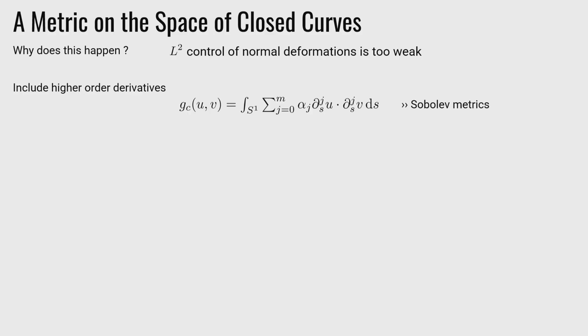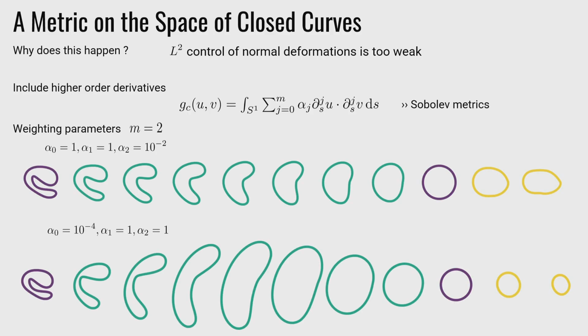So here the metric for m equals 0 would be the L2 metric from before, but now you also include higher derivatives. And you see that if you go up to 2, so you have an L2 part, the first derivative and the second derivative, and you sum them up, then you actually get nice looking interpolations. So here, between the purple shapes, this is a computed interpolation path, and the yellow is an extrapolation.